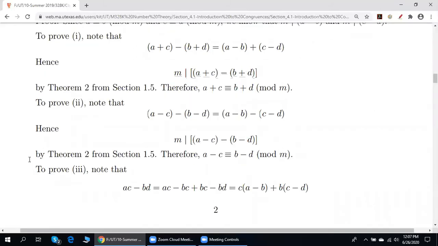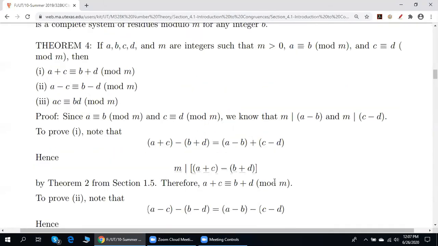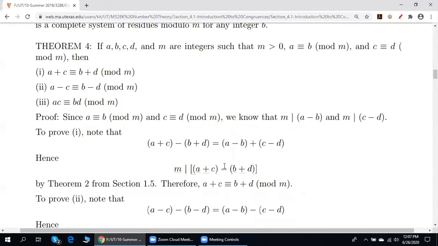Here is how we do it. Step 1, we start with the following, AC minus BD. By the way, in all three cases, in order to prove either this or this or this, we start with the following expression, left-hand side minus right-hand side.